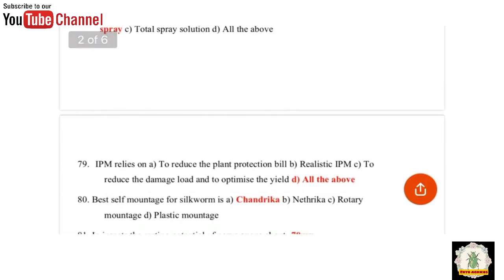Next, the best self-mountage for silkworm is Chandrika, Netrika, rotary mountage, or plastic mountage. Mountage is for spinning of cocoon, and this determines both quality and quantity of cocoons. So the best self-mountage for silkworm is Chandrika.